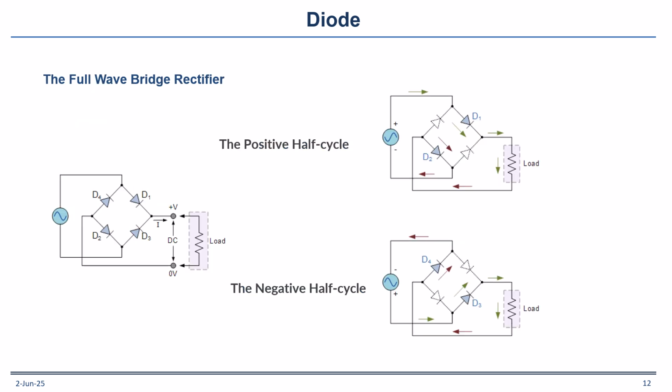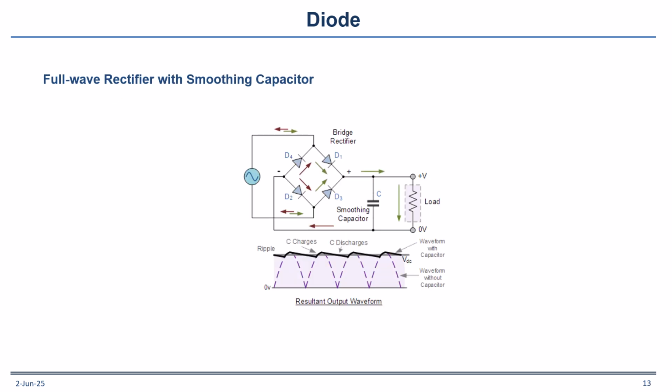Then another way is to make a full-wave bridge rectifier. We can arrange the diodes like this. When we have positive polarity, the current goes through this and back from here. When we have negative polarity, it goes from here. Then if we have this full bridge plus a smoothing capacitor, it will be something like this, a more or less constant DC.